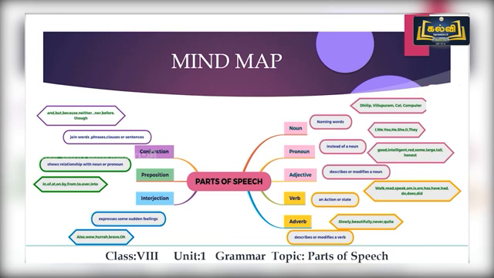Preposition shows relationship with a noun or pronoun. For example, in, of, at, on, by, from, to, over, and into. Interjection expresses some sudden feelings. Example, alas, wow, hooray, bravo, oh.